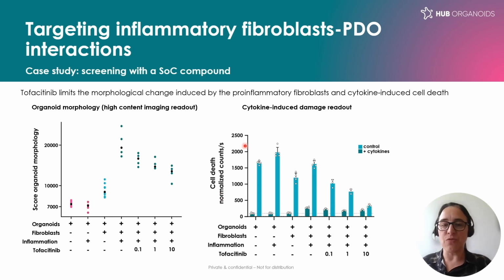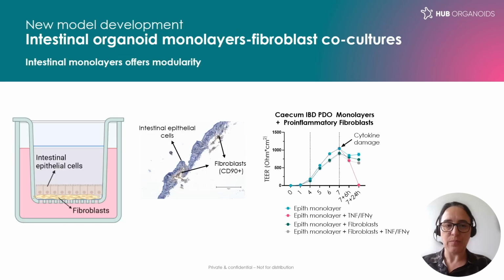So with two different readouts, we see the same effect: the presence of inflammatory fibroblasts impacts the viability of the organoids, but this impact can be reduced or neutralized by incubation with a compound used in the clinic for IBD patients, like tofacitinib.